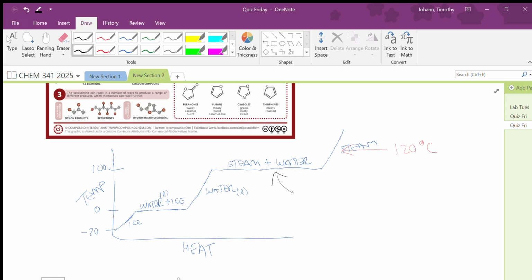And what we're doing is it takes a lot of energy to take water and turn it from a liquid into steam. So we say water has a high heat of vaporization, sorry. Fusion's the other one.